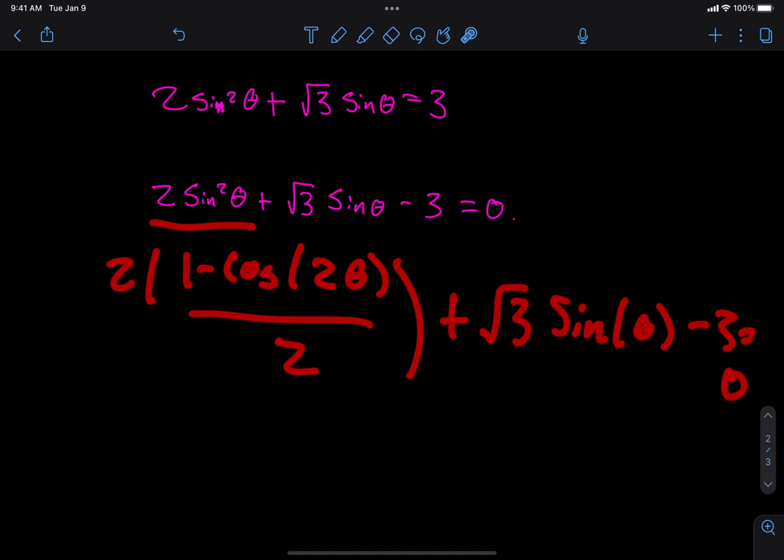As much as you defeat the enemy of having a square trig function, you introduce a new enemy, which is that the angle inside of one of your trig functions is different than the angle inside of another trig function. We don't really know how to handle trig functions with different angles on both sides.